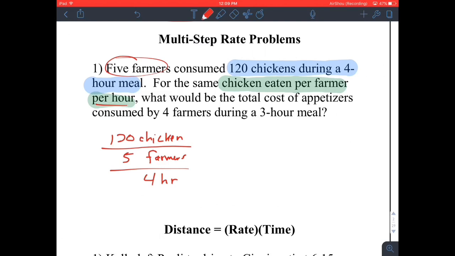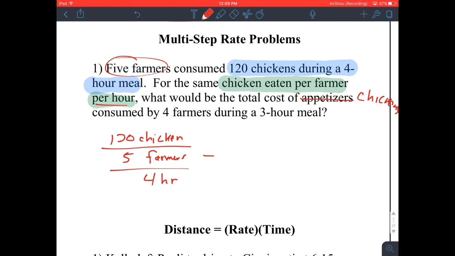And the question is, what would be the total, it says total cost, it should say the total chickens. Typo, fire my secretary.